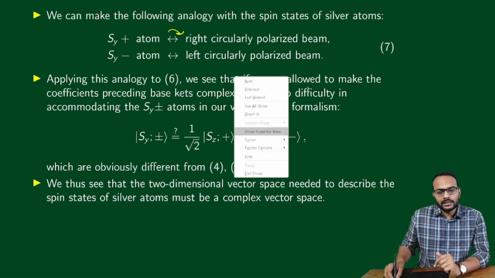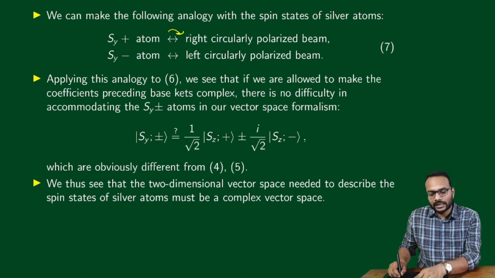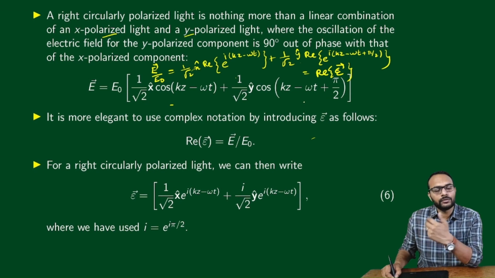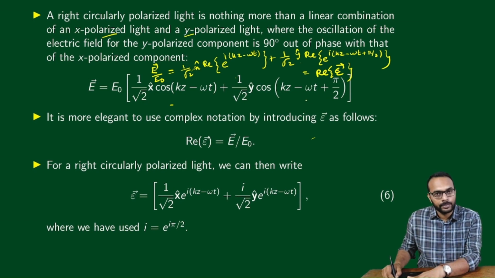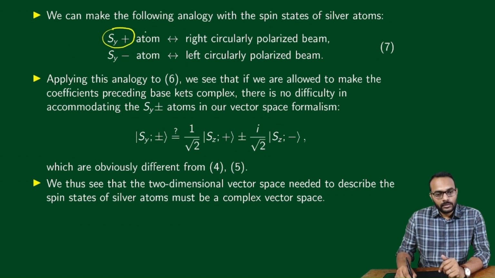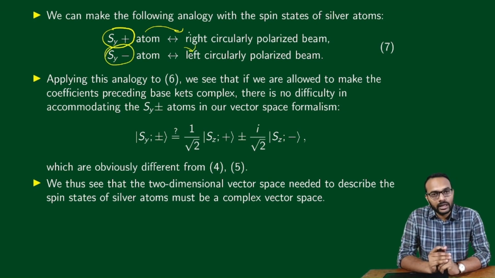The difference between the two is that instead of a plus pi by 2 here, you would have a minus pi by 2 for a left circularly polarized beam. So this is the correspondence that we make: Sy plus atom is analogous to a right circularly polarized beam, and the Sy minus atom to a left circularly polarized beam.